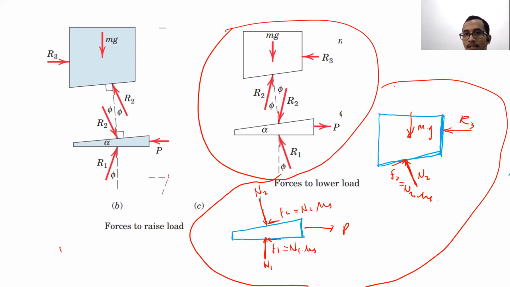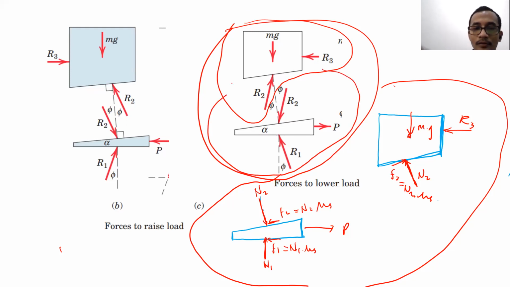The way to solve it is the same as before. In this particular free body diagram, we have two unknowns, R3 and R2. We can solve for R3 and R2 using sigma Fx and sigma Fy. Then, in this particular free body diagram, after solving R3 and R2, we only have two unknowns, P and R1, so we can solve for P and R1.